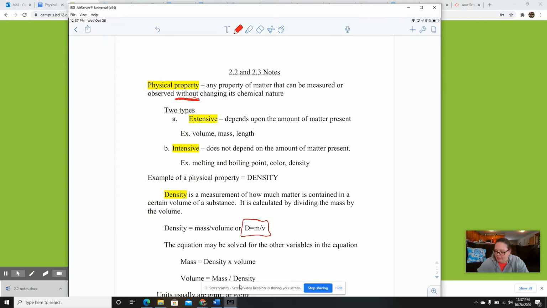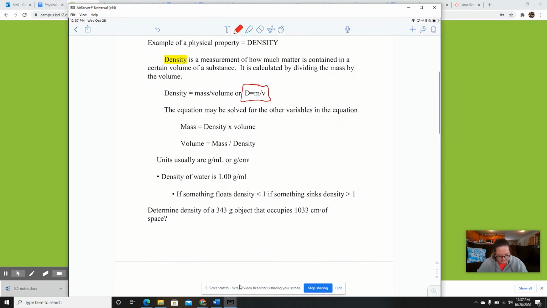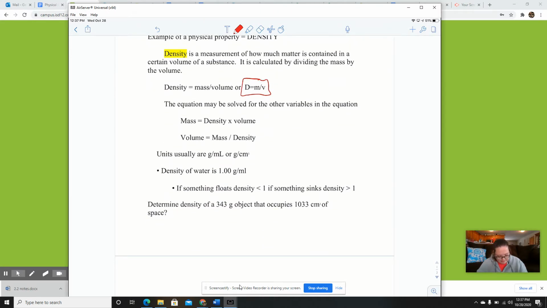And with the help of doing a little bit of algebra, we can solve for other parts of the density equation. So we have the density formula solving for density, but I can also solve for mass and for volume just by rearranging the variables. So those are the other formulas that we can use.